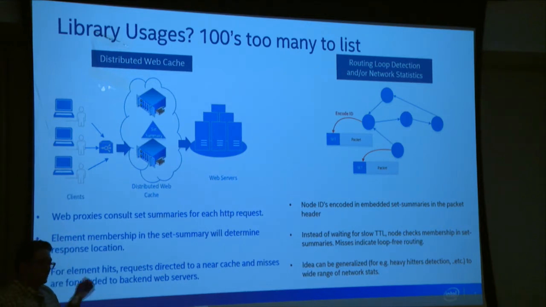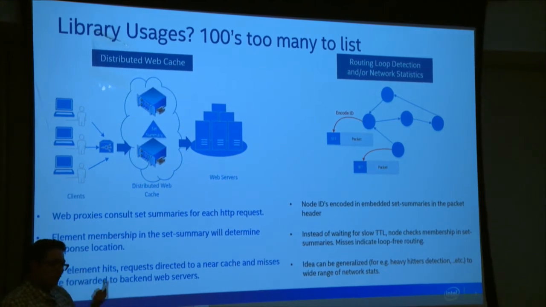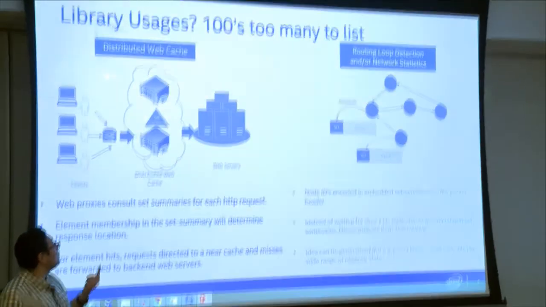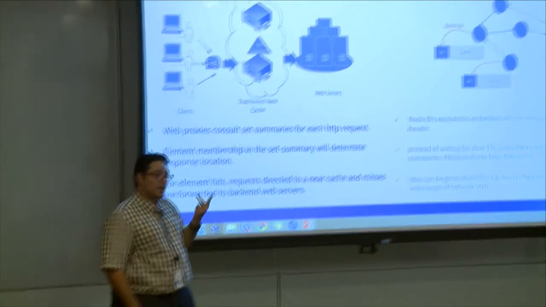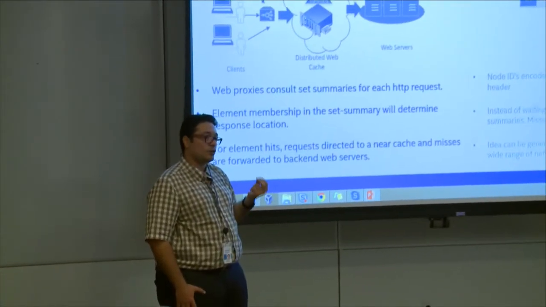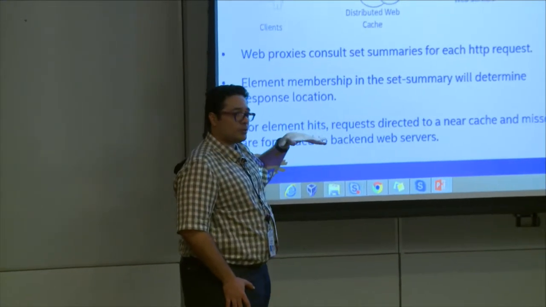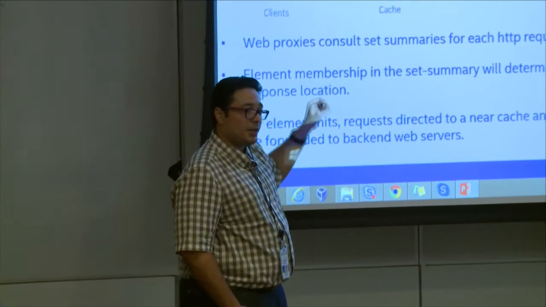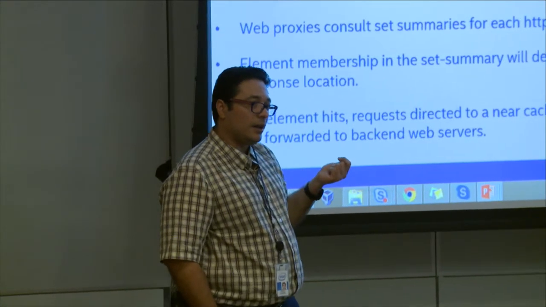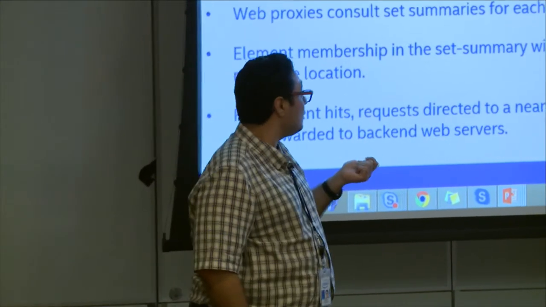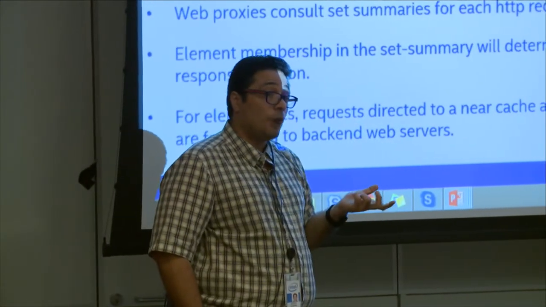Again, using the set summary will provide 2 things: faster lookup, or faster answers for membership queries, and smaller storage. You can store a list of all the objects, but when you store a summary, you provide a smaller memory footprint or cache footprint, and also you can look up objects faster.